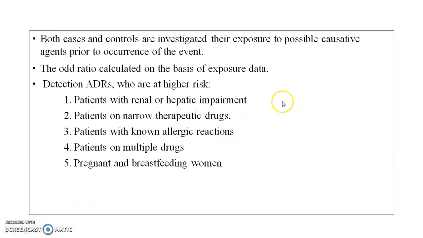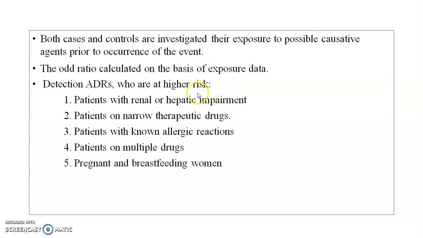Both cases as well as controls are investigated for their exposure to the possible causative agent prior to the occurrence of the event. Then the odds ratio should be calculated based on the exposure data.